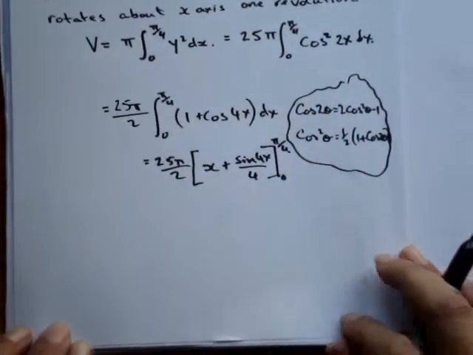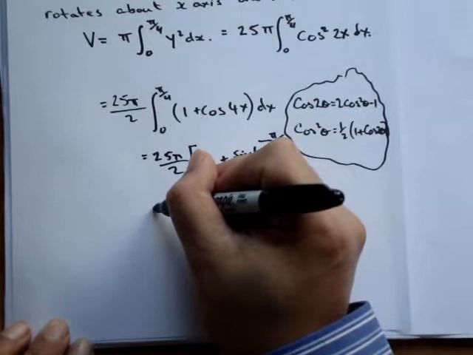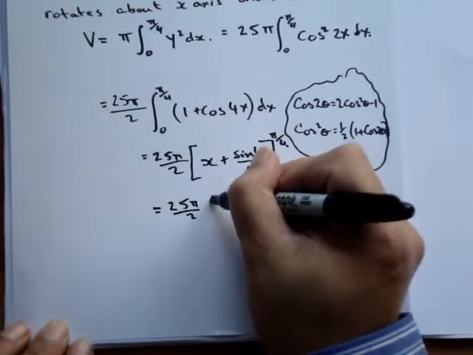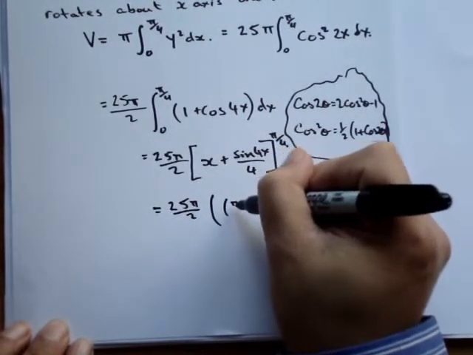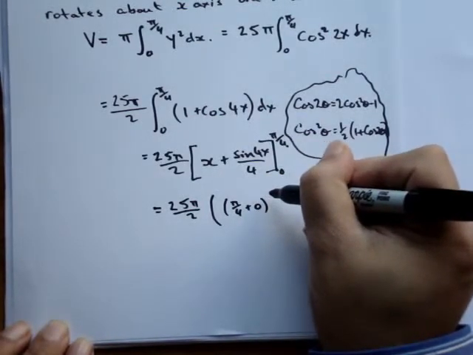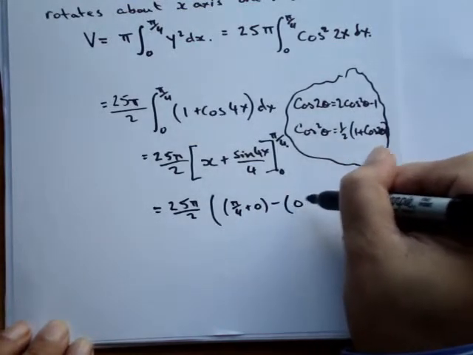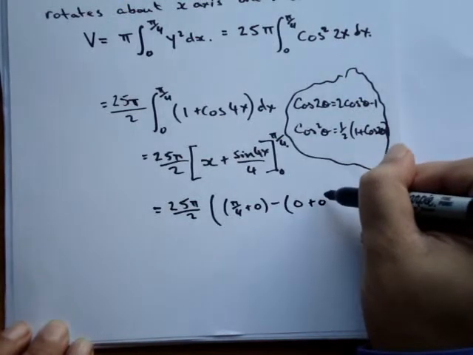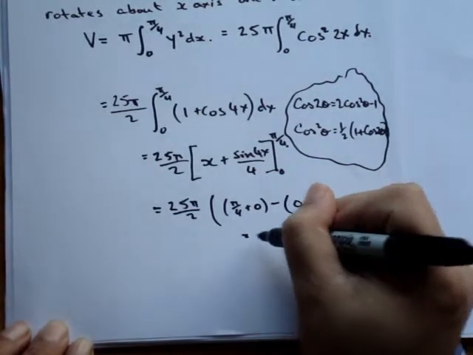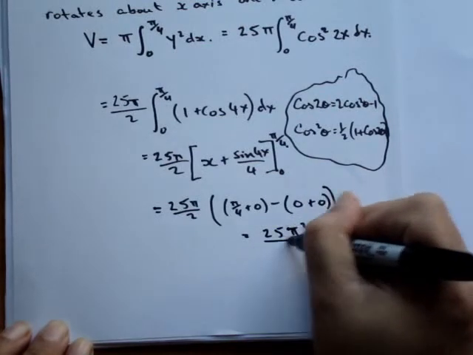Now we substitute our limits into our integrand, and we get 25 pi over 2 times pi over 4 plus 0 minus 0 plus 0, and that equals 25 pi squared over 8.